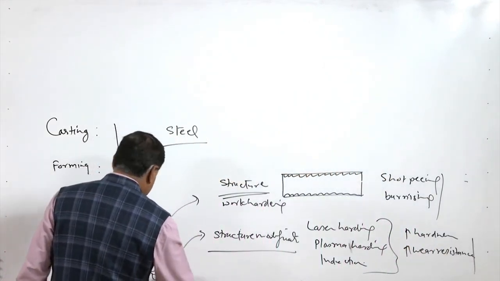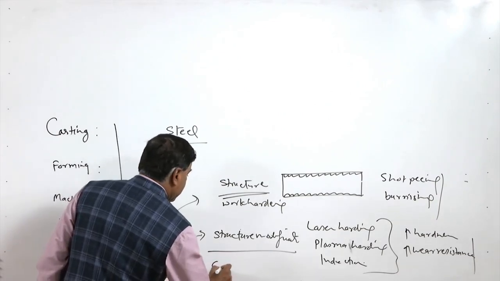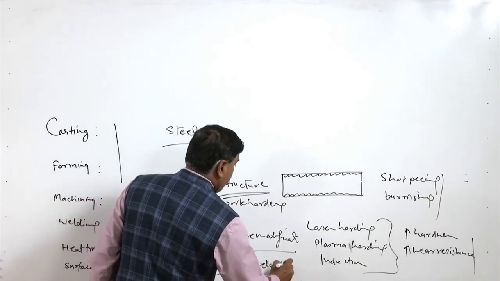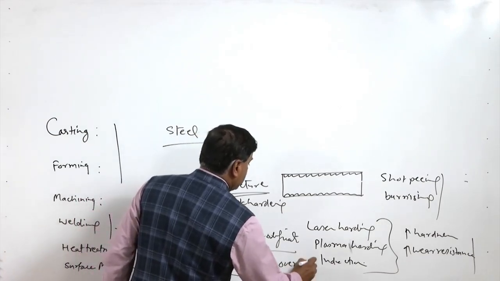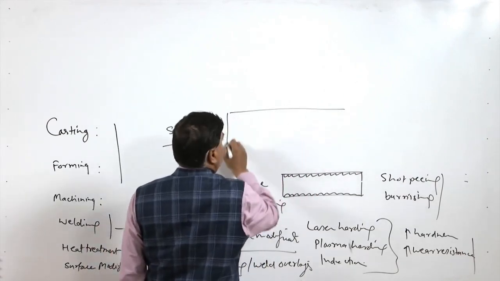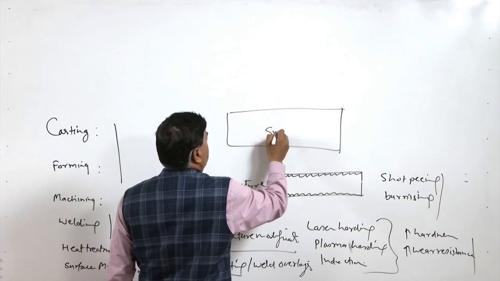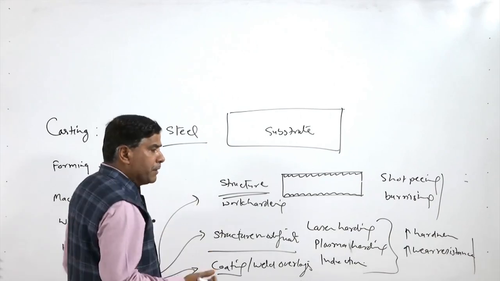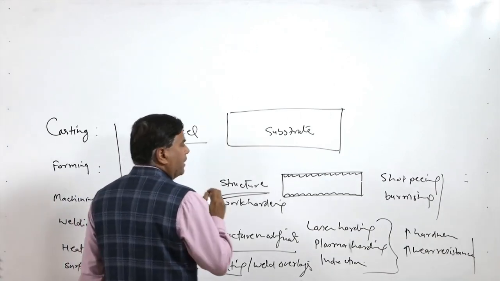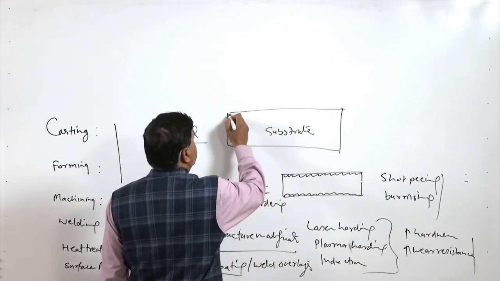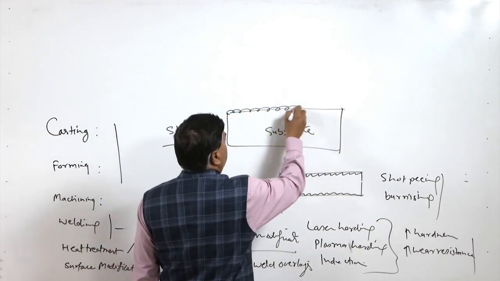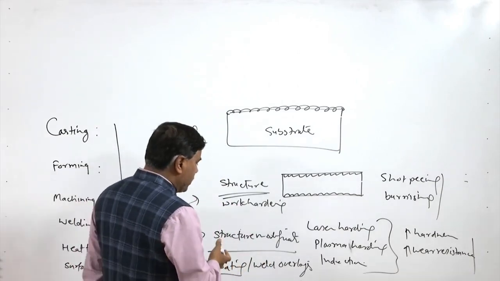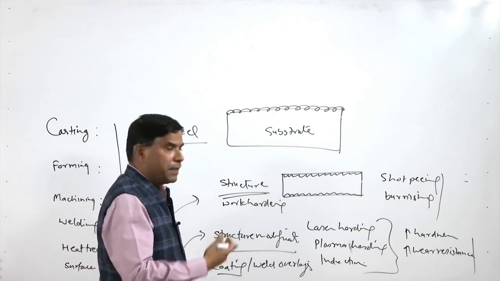There is another category of surface modification processes: the development of coatings and weld overlays. It is based on the simple concept that if the substrate material has poor properties, then a suitable material having the desired properties for working in a given environment is applied. Like if the hardness is low, then we will be depositing a hard material layer either by a suitable coating method or by a welding method.